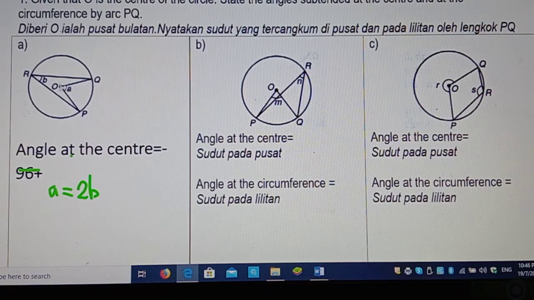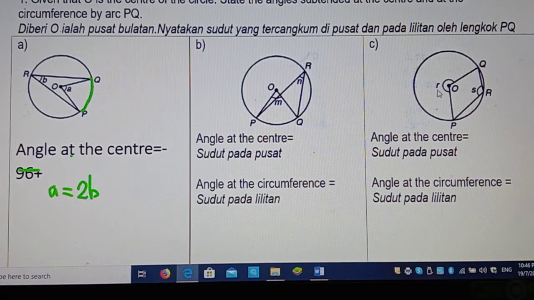So from here, the relationship between central angle and angle at circumference. If they are subtended from the same arc, the central angle is 2 times the angle at circumference. So we can write A equals 2B. Also, central angle M, angle at circumference N, meaning M equals 2N.